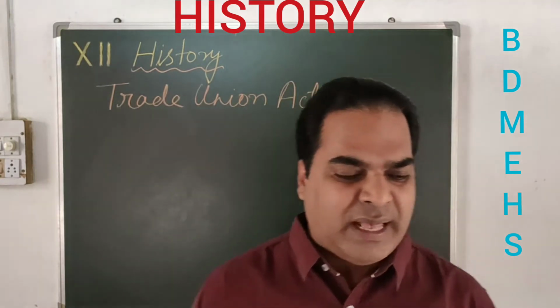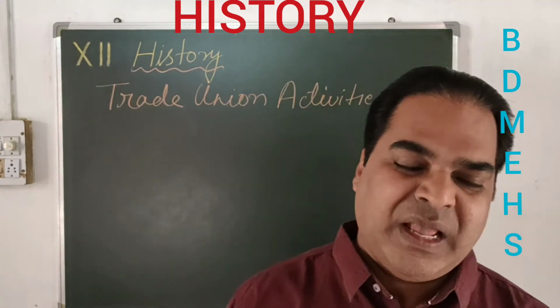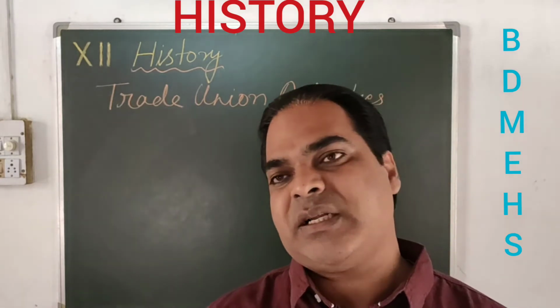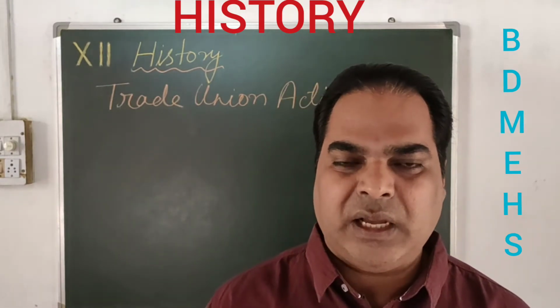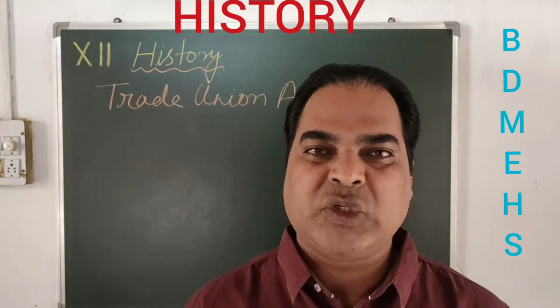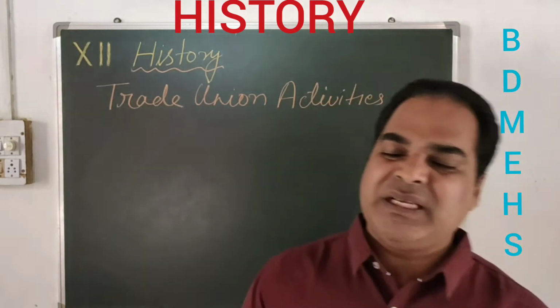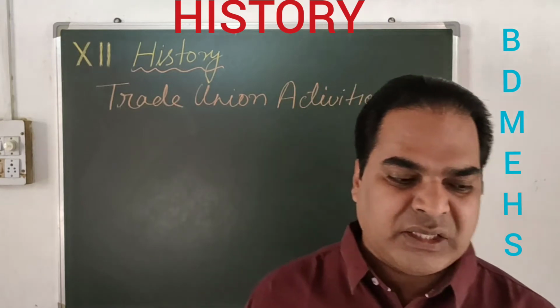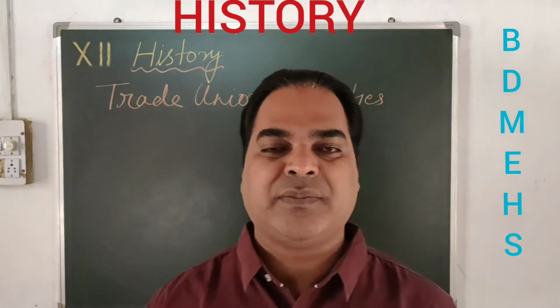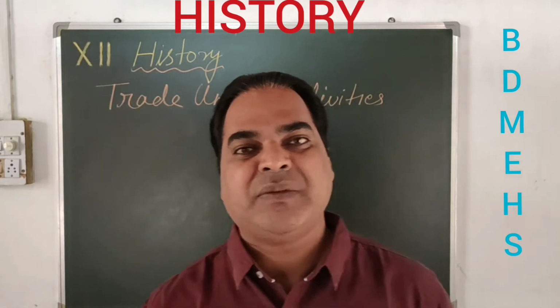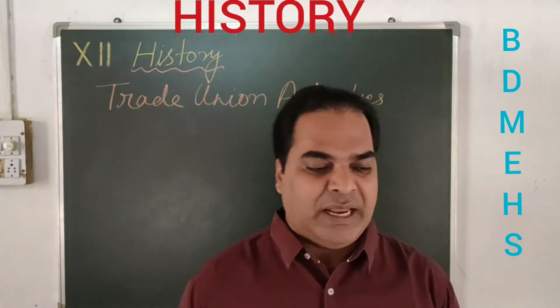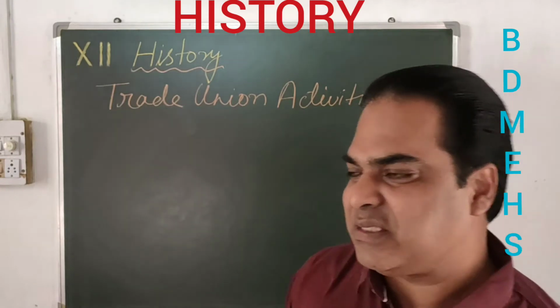He also started publishing journals highlighting the condition of the workers. The name of the journal was Bharat Shramjeevi, or Indian Workers, and it was started in the year 1874.